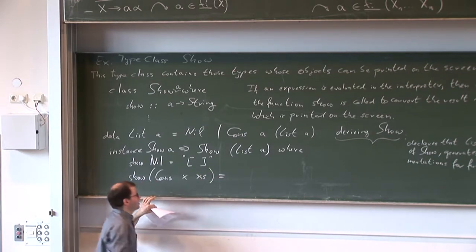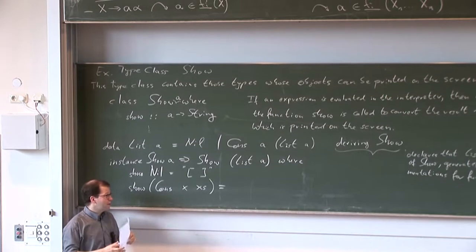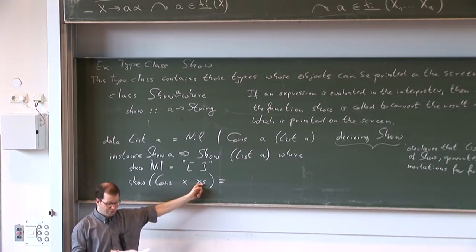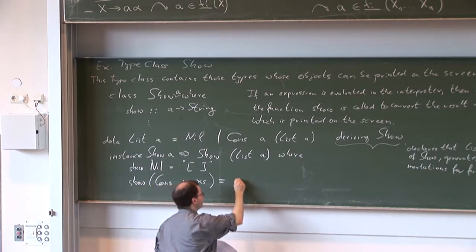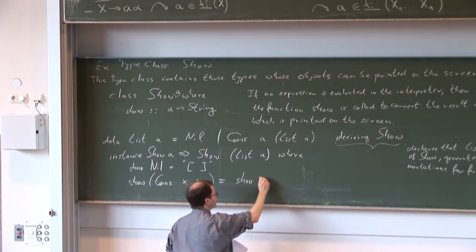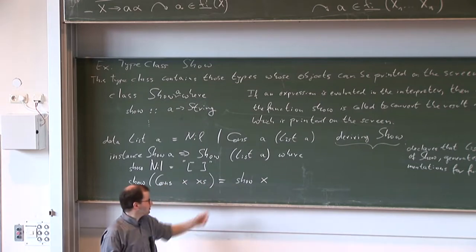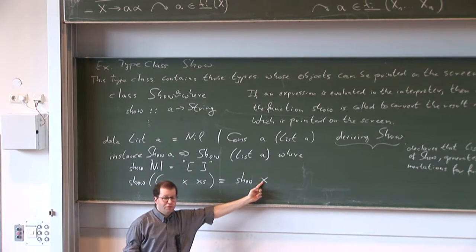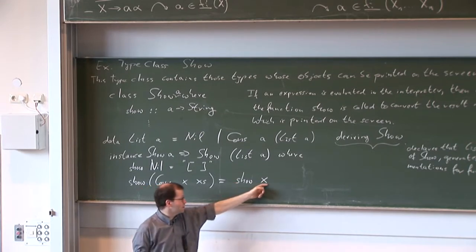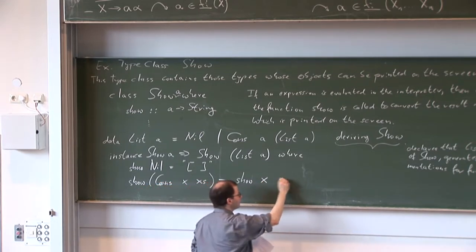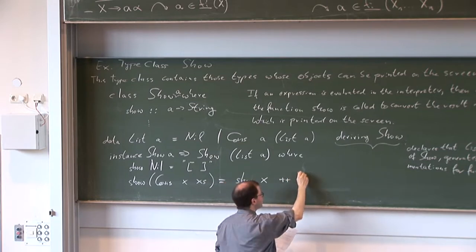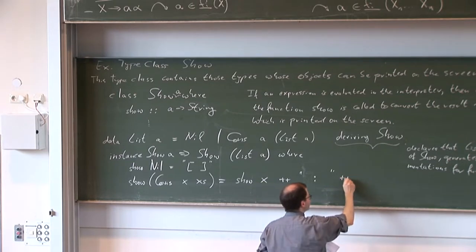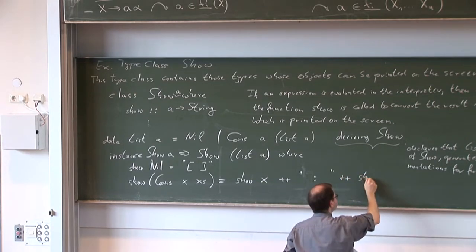Well, here we could say we want to represent them like predefined lists, so we would print the first element, then we would print a colon, and then we would print the remaining list. So this would be done like this. We would first print the string which represents the first element. Then it will give us maybe a space and then a colon, and then it will give us the remaining list.